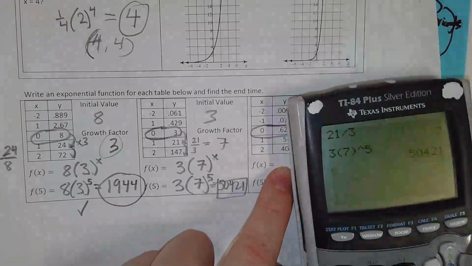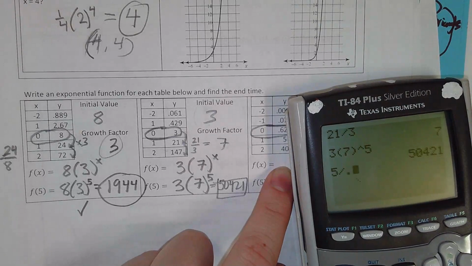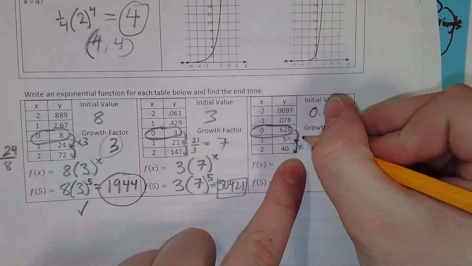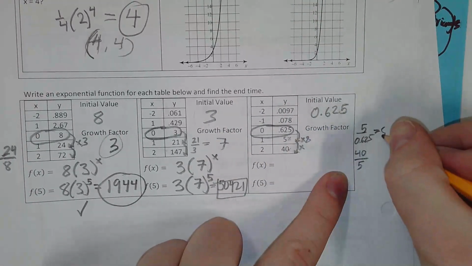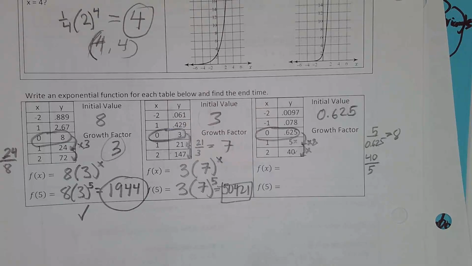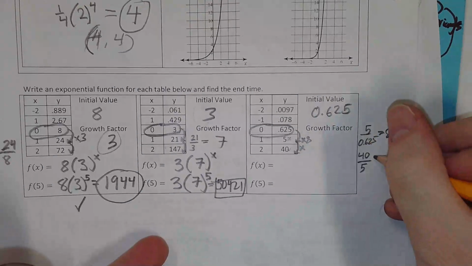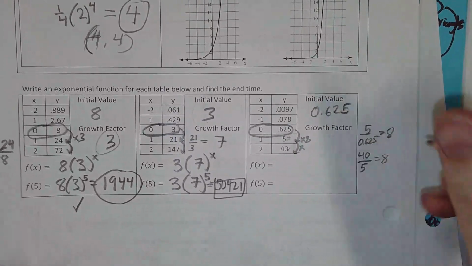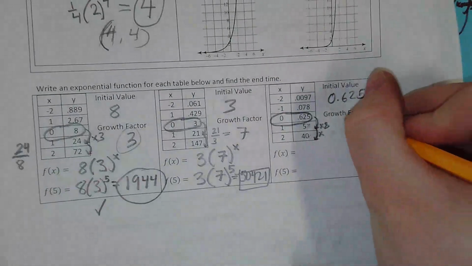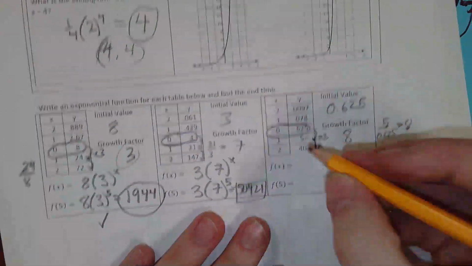What do we get? 5 divided by 0.625, that's 8. So the multiplier is 8. Let's check 40 divided by 5. It says it's also 8. Multiplier is 8.